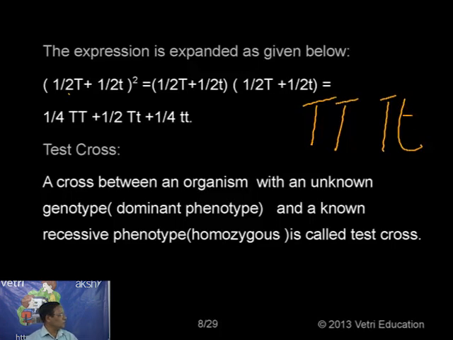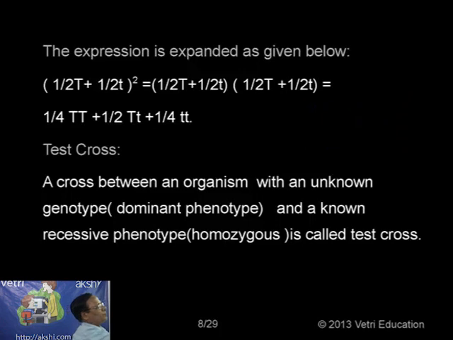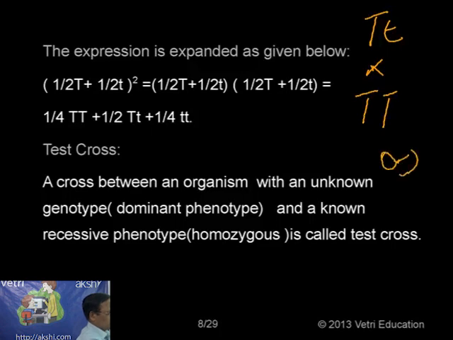Normally it is also called a back cross. In this back cross, we take the F1 hybrid. For example, a heterozygous F1 hybrid is crossed either with the dominant parent or, in some cases, with the recessive parent.